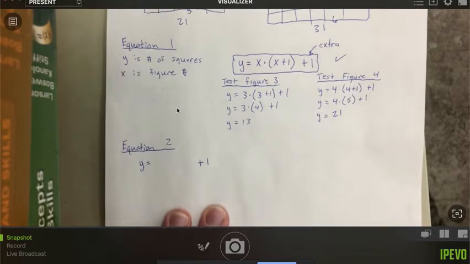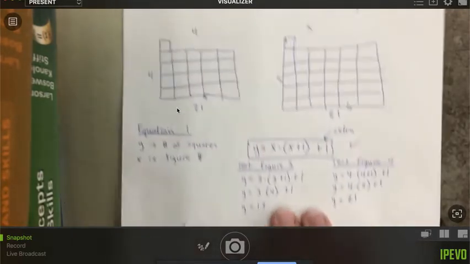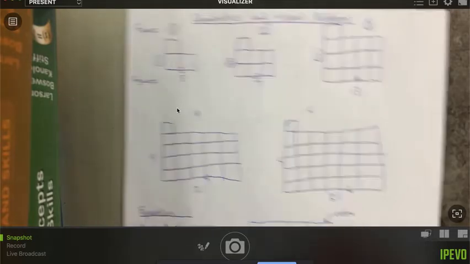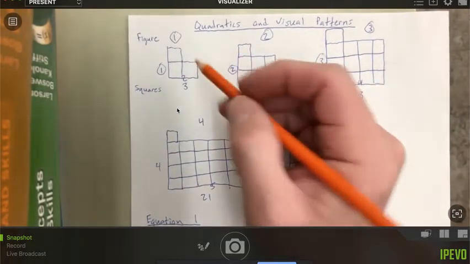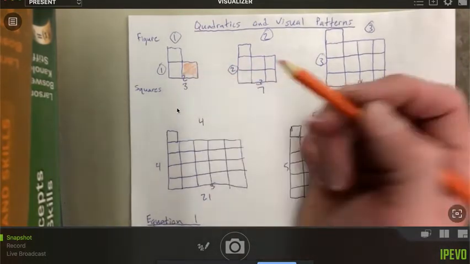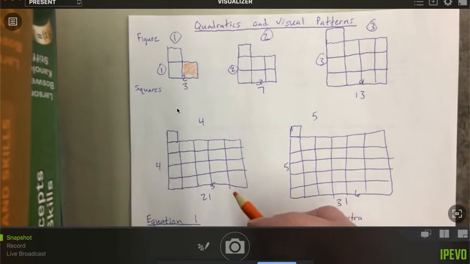All right, now I'm going to color code a little bit. I'm going to look for, first, a colored pencil. All right, so what I'm going to say is notice how there's a 1 by 1 square.